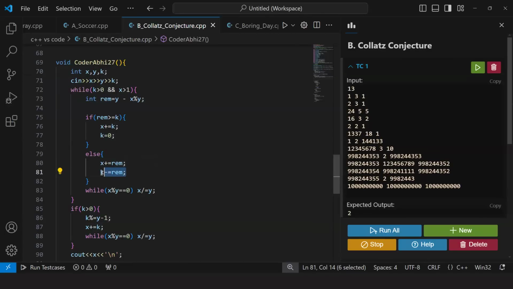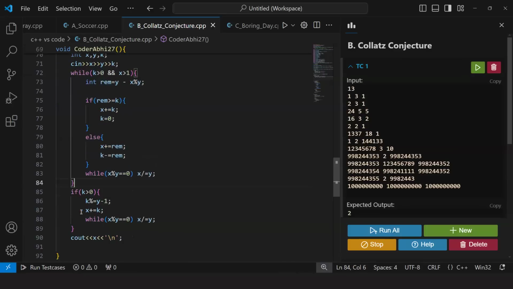Now, until x has become divisible by y, we would reduce it. Okay, so this thing we would perform. This is what we are doing in one step. Then again, we are repeating this process until either x becomes 1 or the number of steps gets over. Okay, so I hope this inside thing is clear.